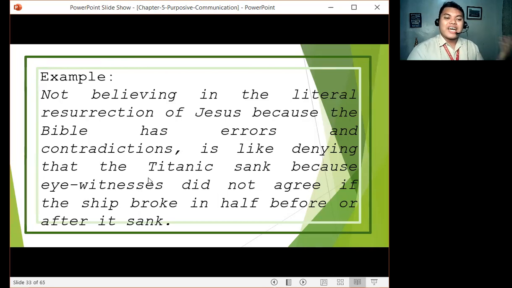It's like denying that the Titanic sank because eyewitnesses did not agree if the ship broke in half before or after it sank. Okay? So there is a false comparison between the two things. The first one is about Jesus and the second one is about the Titanic sinking. There is no connection at all.